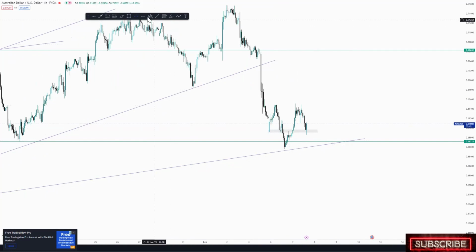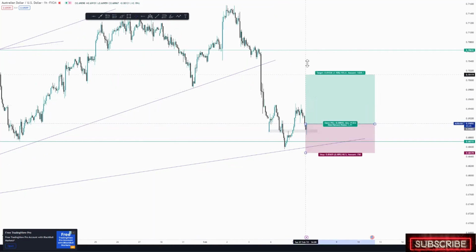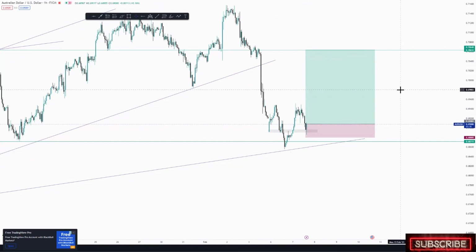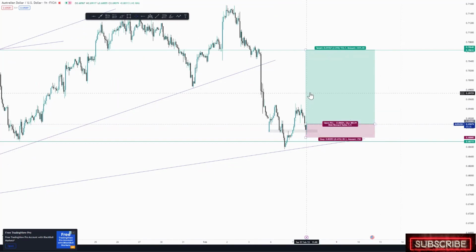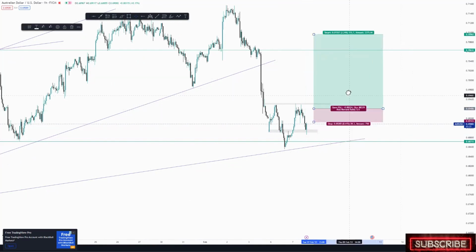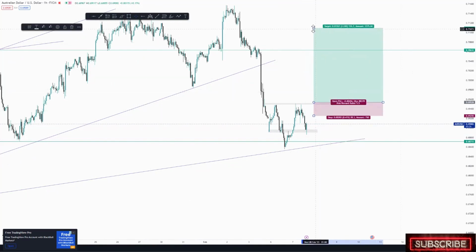So if AUDUSD is to go to the upside, it will be in this sense that AUDUSD is going to be a buy, because that for me is a clear head and shoulder. Or if you don't want to sell off there, you can wait for it to break this neckline, of course, and then put your buy stops there, and then also just target somewhere around about there.